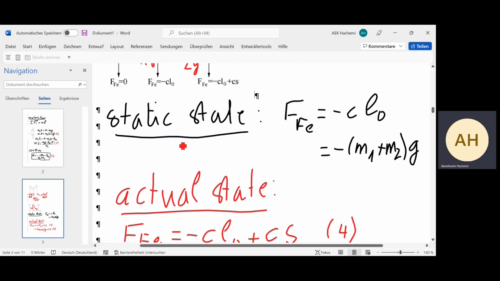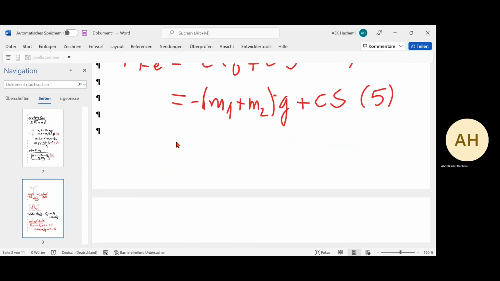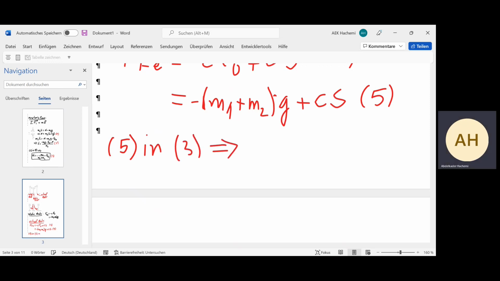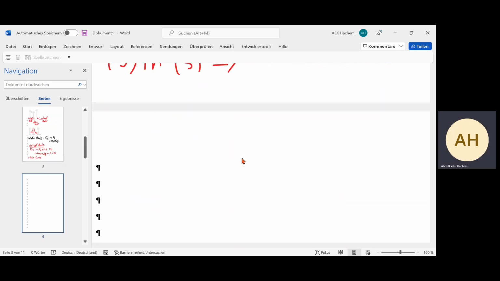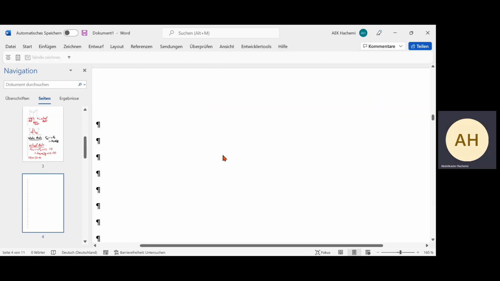Then we will get here 5 in 3. Then we get here now the expression for N.